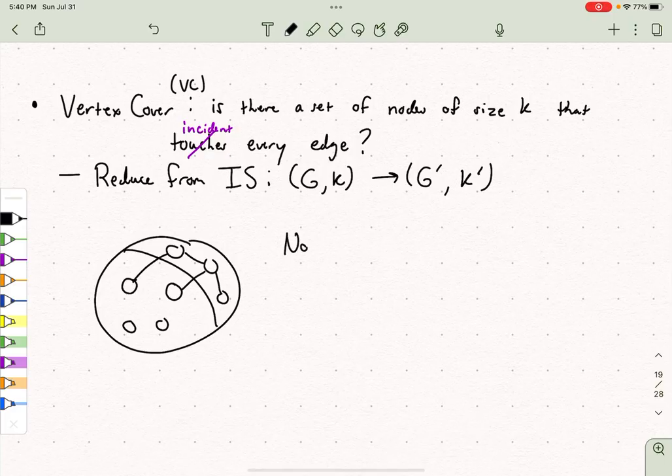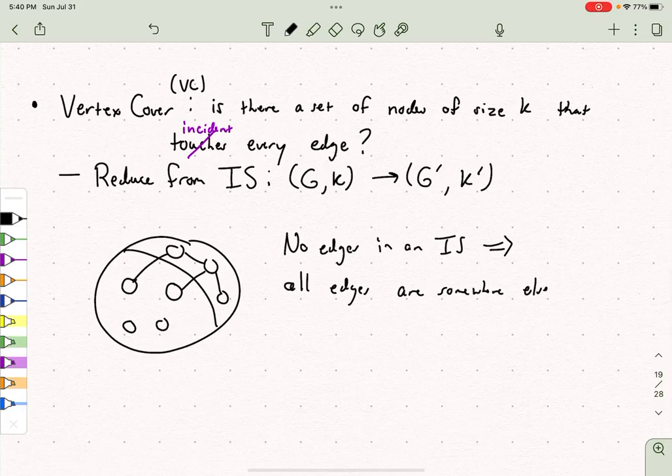So no edges in an independent set implies all edges are somewhere else. In other words, I is an independent set if and only if everything else is a vertex cover.